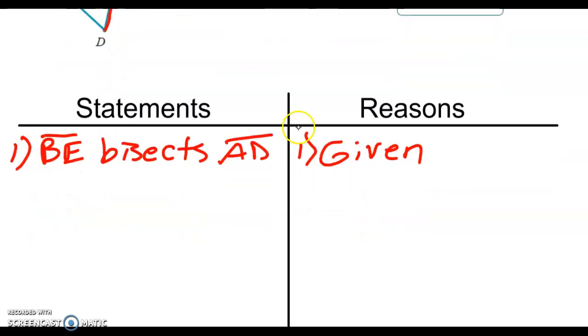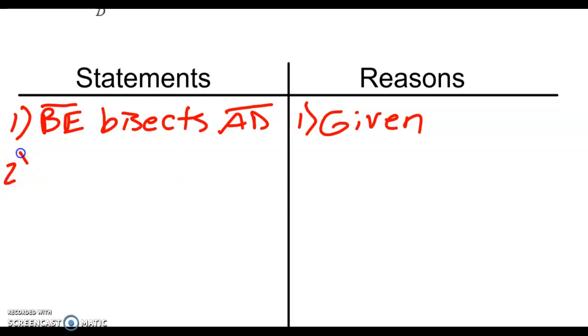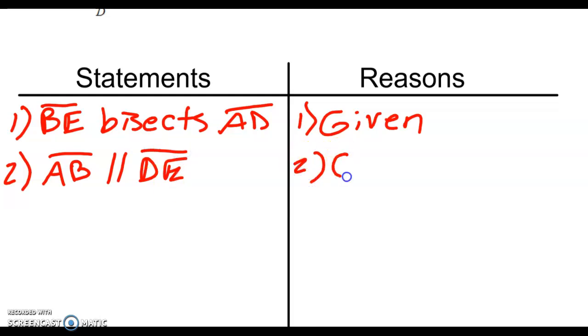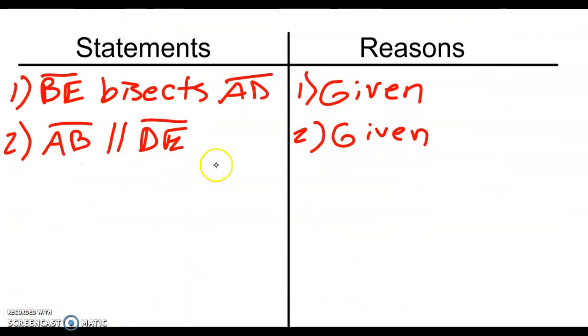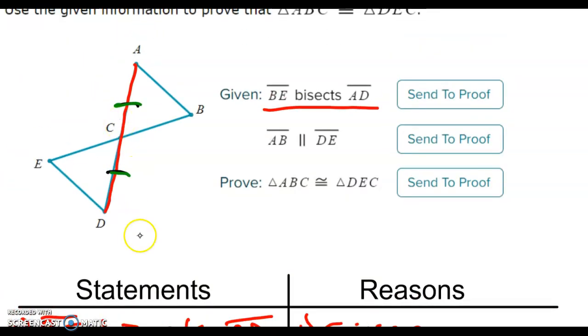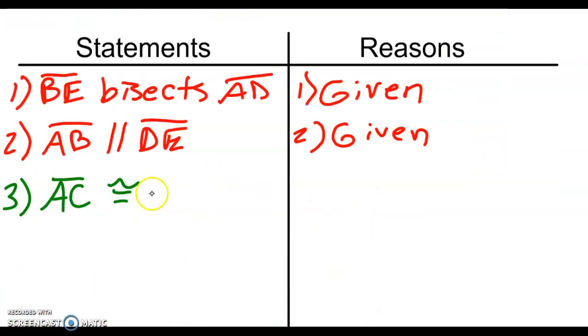So then AB is parallel to DE. That is going to be given as well. All right, so let's go right ahead. Remember, take what this diagram is giving to you. Since BE is bisecting AD, now we can go ahead and say that AC is congruent to DC, and we want to name that with corresponding.